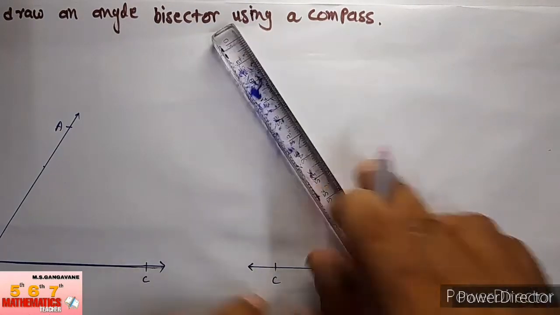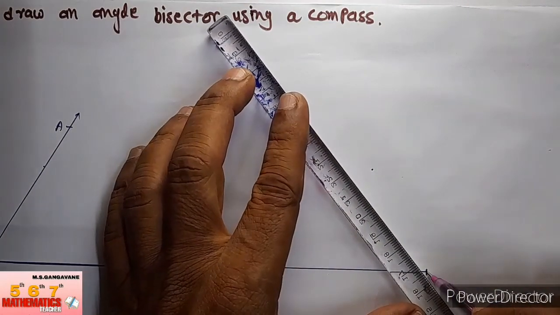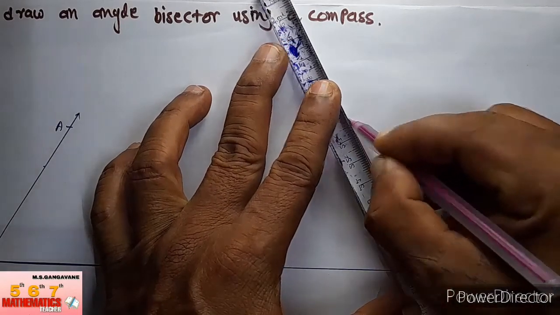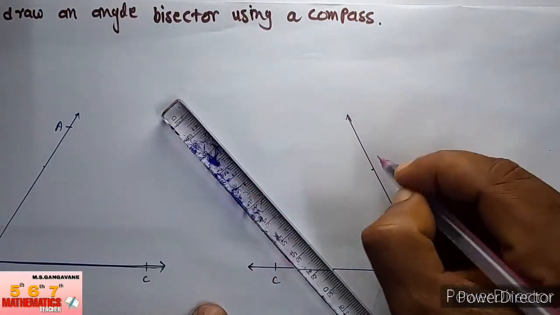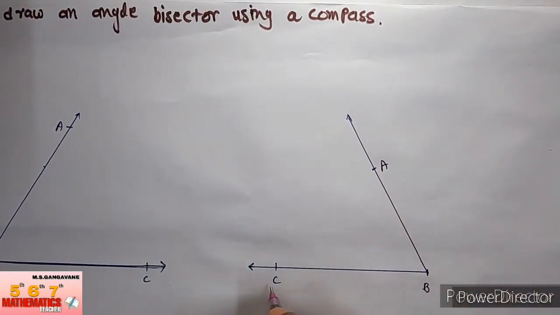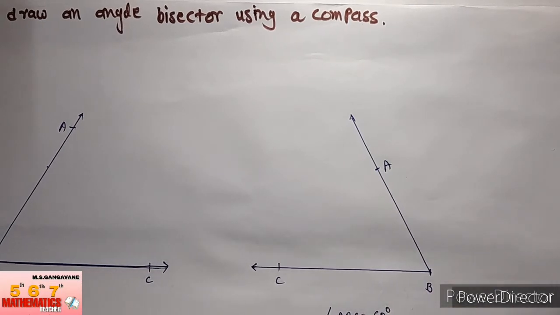Done. Now join this point with B. Done. Give the name A, B, C. We got another angle measure. Angle ABC is equal to 60 degree. Do you understand?